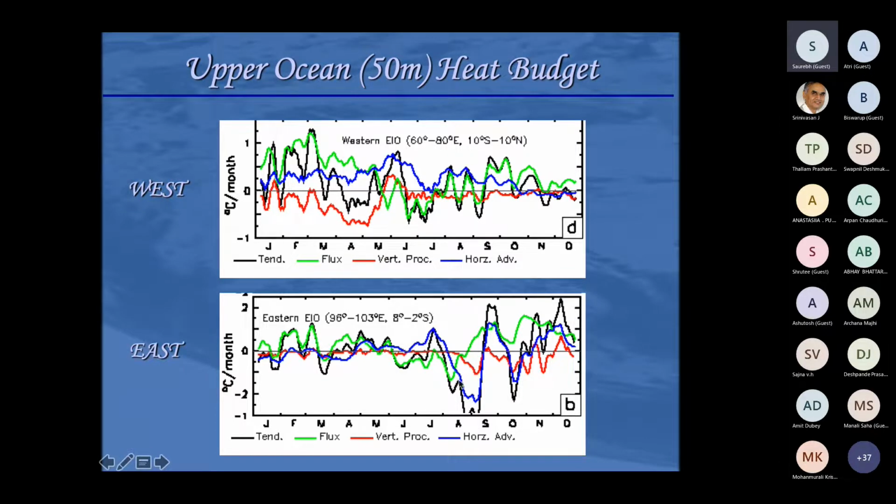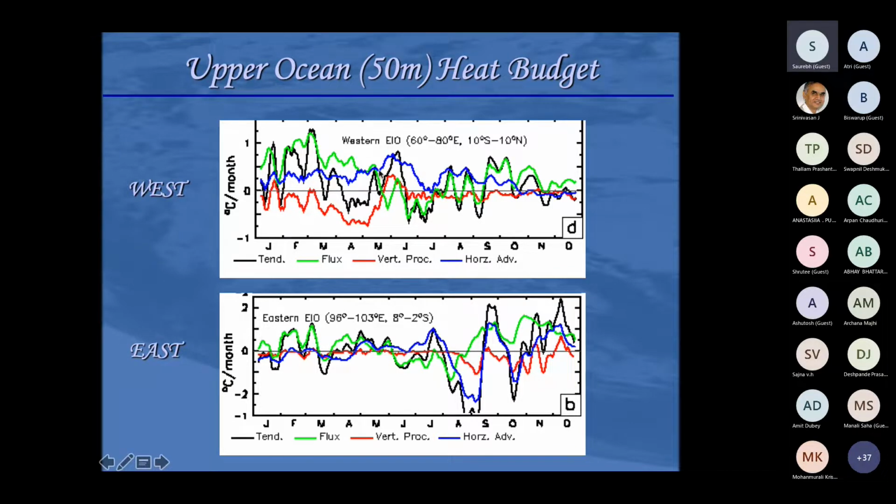That's seen by this black curve, which shows a strong cooling tendency, and that is initially triggered a little bit by air-sea fluxes, but it is mostly contributed by the vertical mixing that is happening as a result of the upwelling, and then blue is the horizontal advection of this upwelled water into the box that we are looking at.